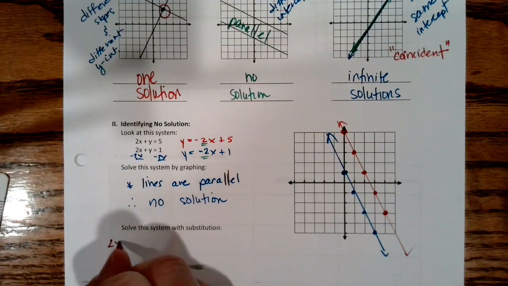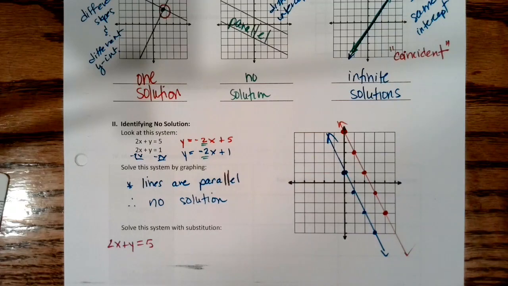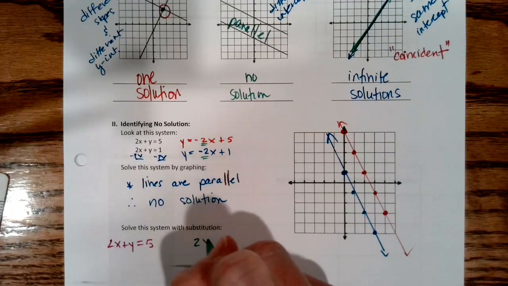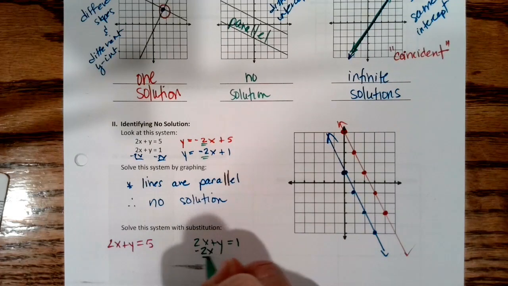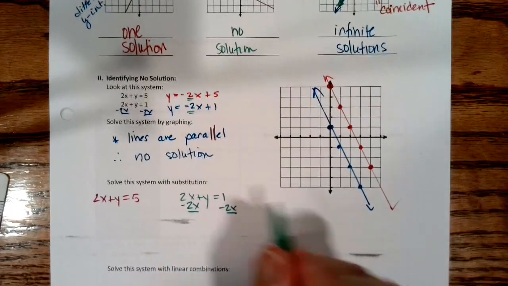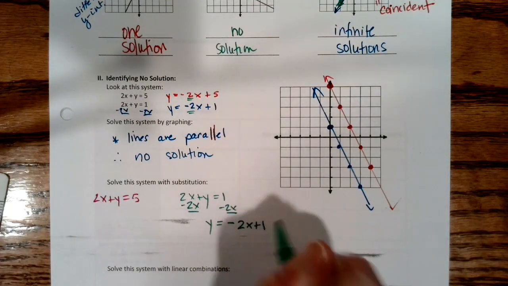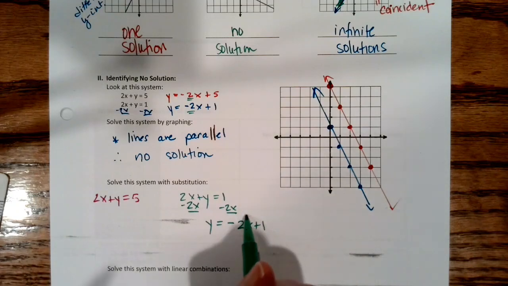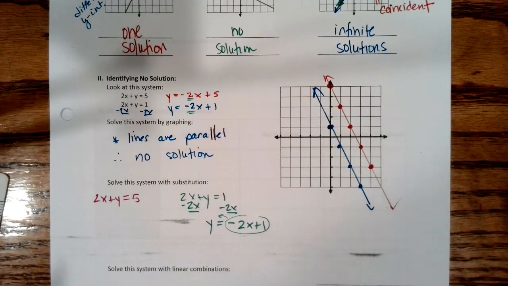So if I have 2x plus y is equal to 5 as my first equation, and 2x plus y is equal to 1 as my second equation, I'm going to solve for y, and I'm going to say that y is equal to negative 2x plus 1. This is what I'm going to substitute into the other equation.